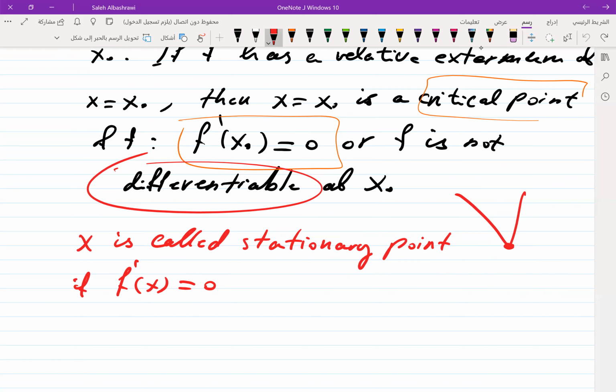Now let's explain how to find the critical point for some function.